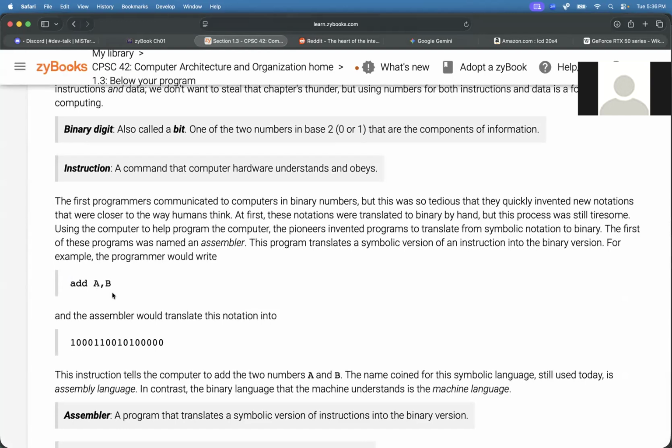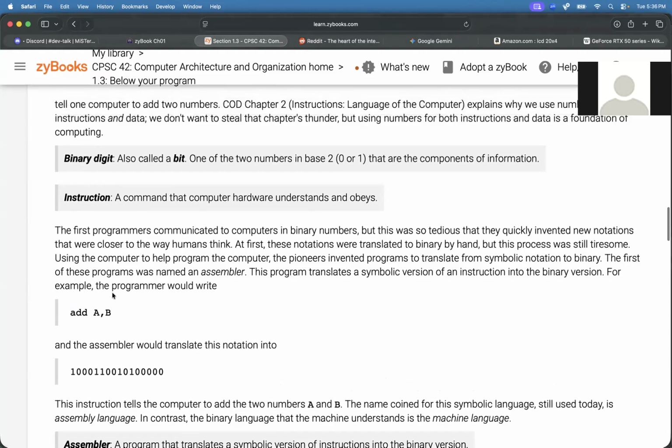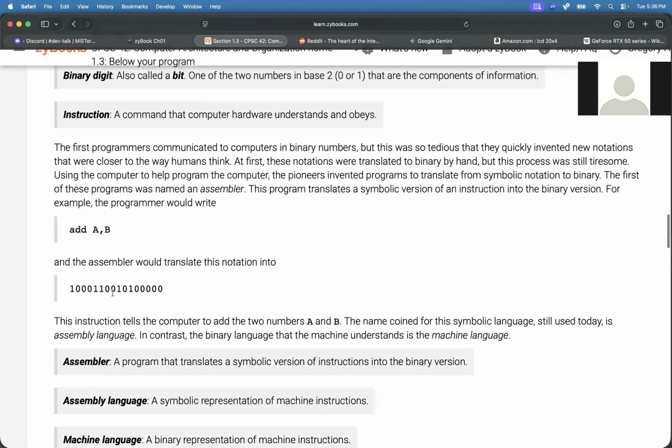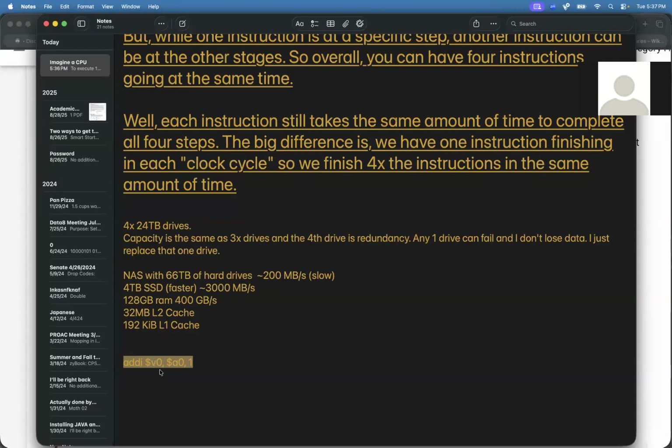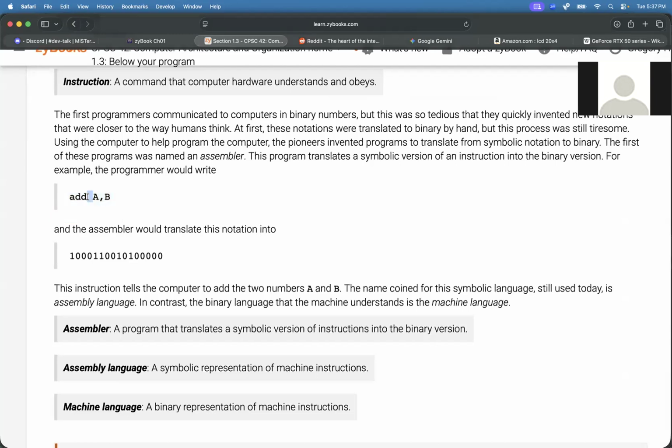When you're writing a program, you can write the program in machine language, which is zeros and ones. When they were writing the very first programs for the very first computer, they had to write them in zeros and ones because that's all that exists. But that's hard. So they developed assembly language, which uses instructions like this add instruction, and that's a little bit easier to write.